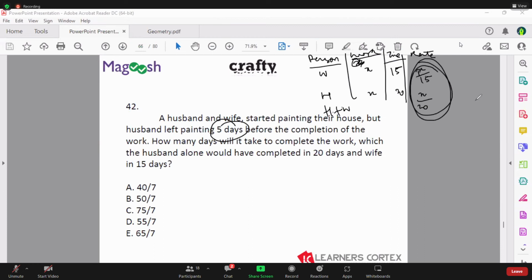Rates are always additive. So you can add these and this would come as 7X over 60. This is the rate of work, husband and wife together, and the number of days that they will take would be 60 by 7.